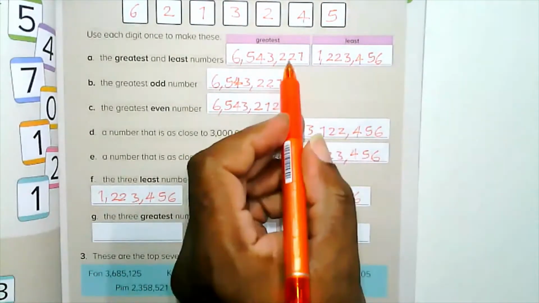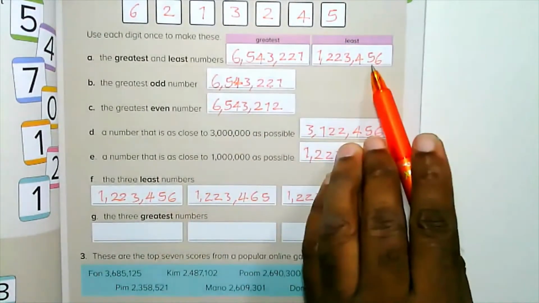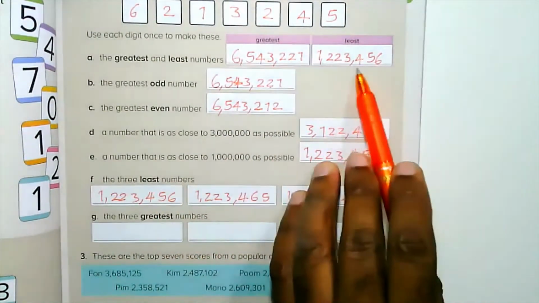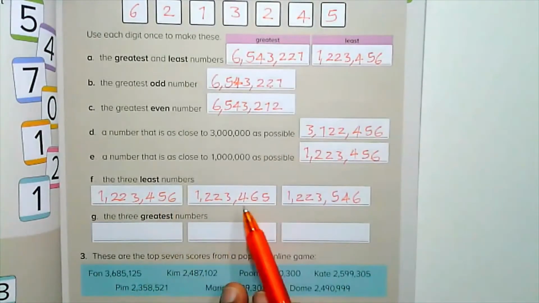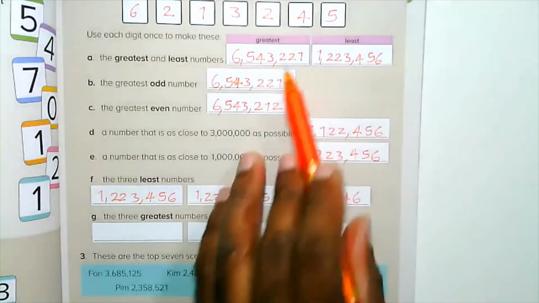We just switch the last 3 digits. Just like we did here, we just switch the last 3 digits. 4, 5, 6, 4, 6, 5, 5, 4, 6. We did the same thing with the greatest number.